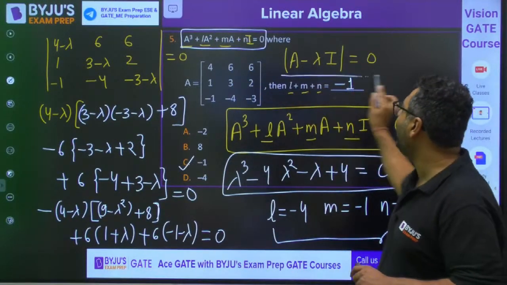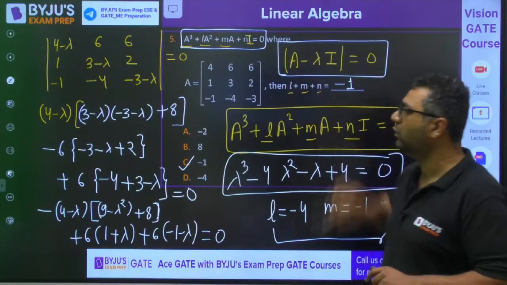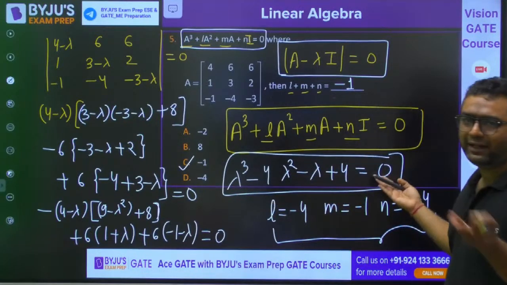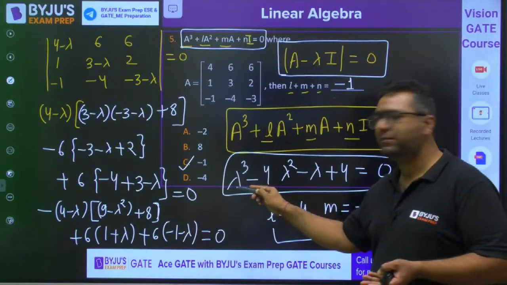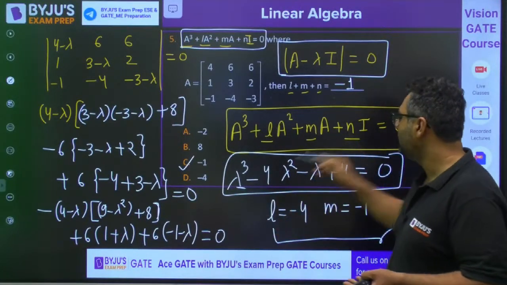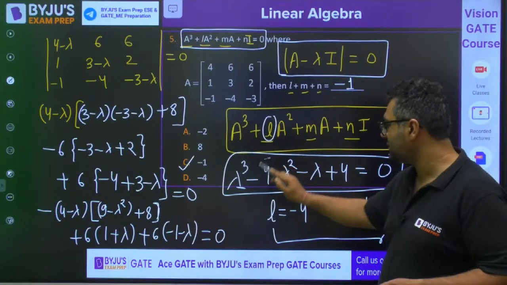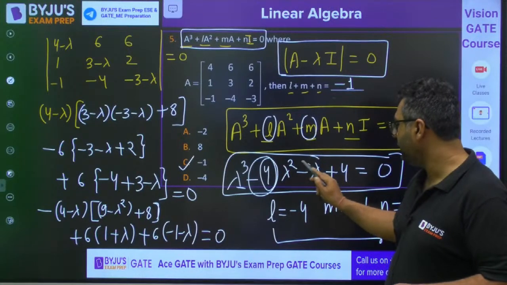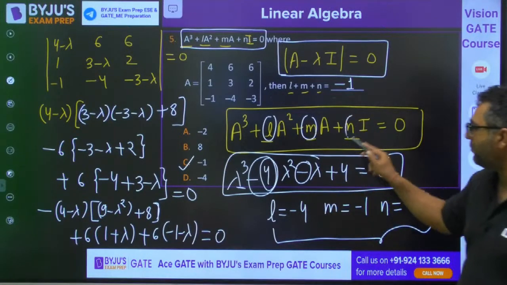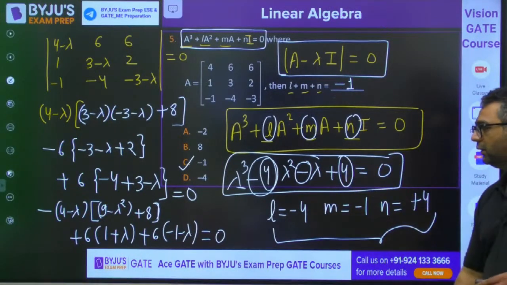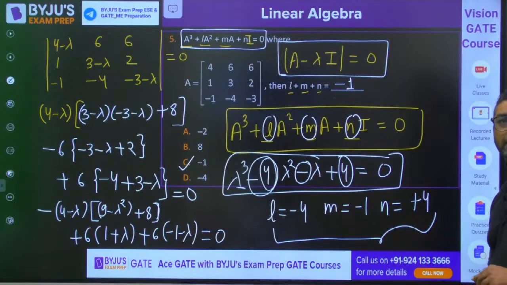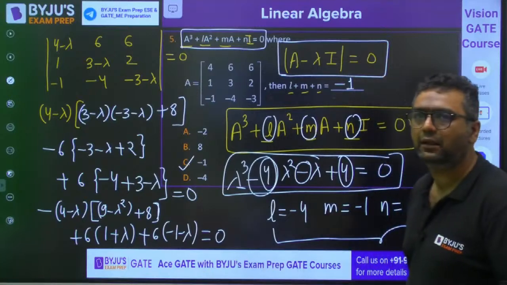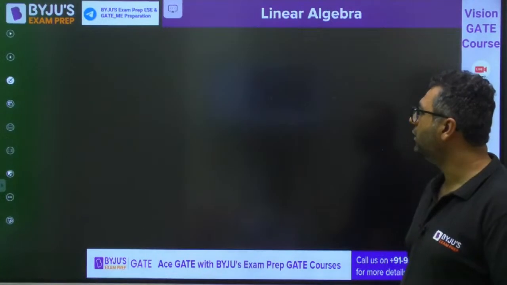You are going to do A minus lambda I is equals to 0. When you will be doing this, you will be getting this equation. Now by Cayley-Hamilton theorem, put lambda is equals to A, you will get this, and you can see this and this. You can compare it, the coefficient of lambda square, lambda and I. Okay, so this is how you have solved it. Is it clear? Yes. Very good, Vipin.